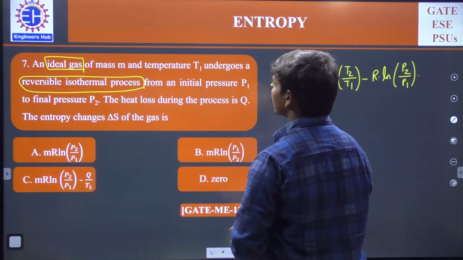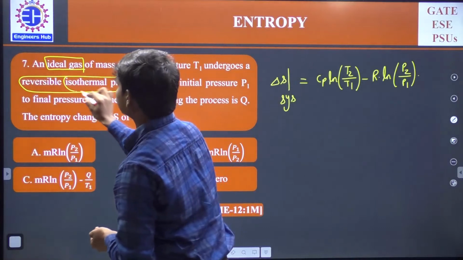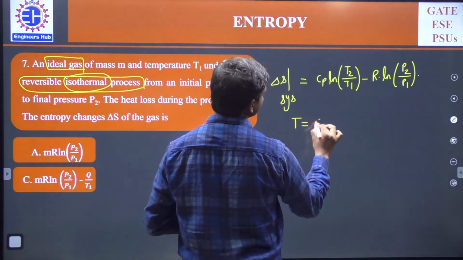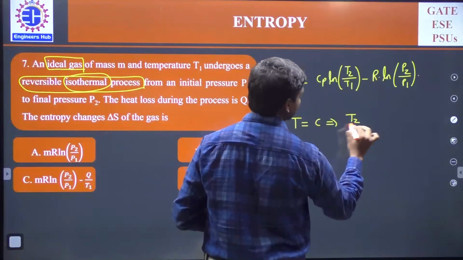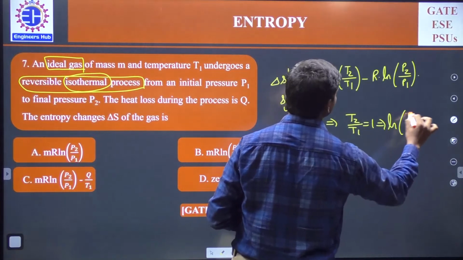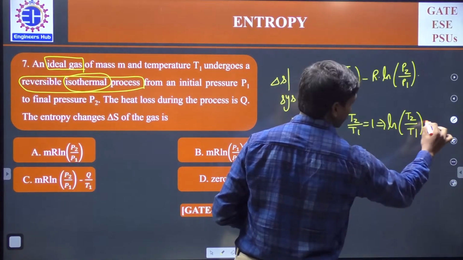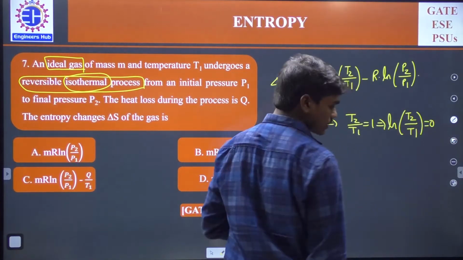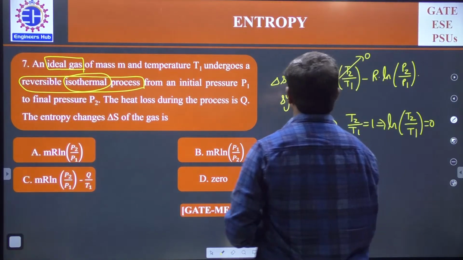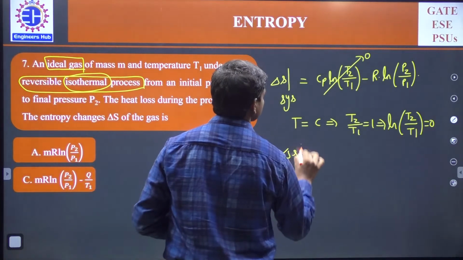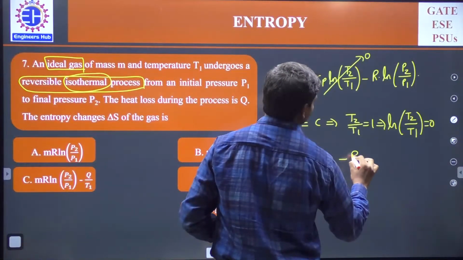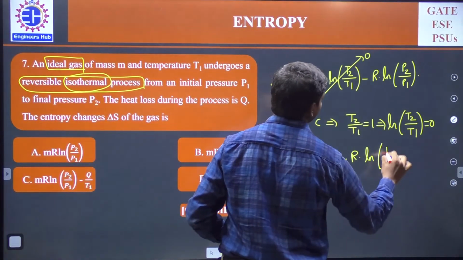Now, in the question, it's mentioned the process is isothermal. If the temperature is constant, this implies T2 by T1 is equal to 1, so the log of T2 by T1 will be 0. So this term goes to 0. Next, delta S of the system is equal to minus R into ln P2 by P1.